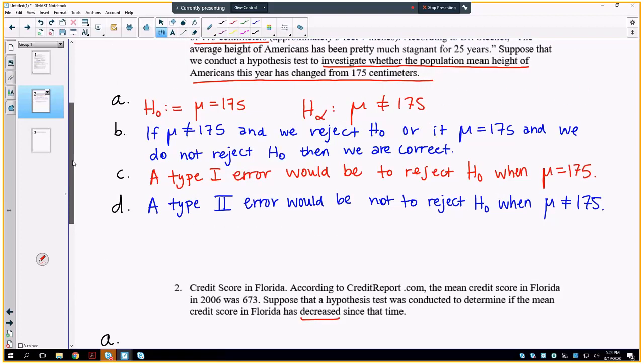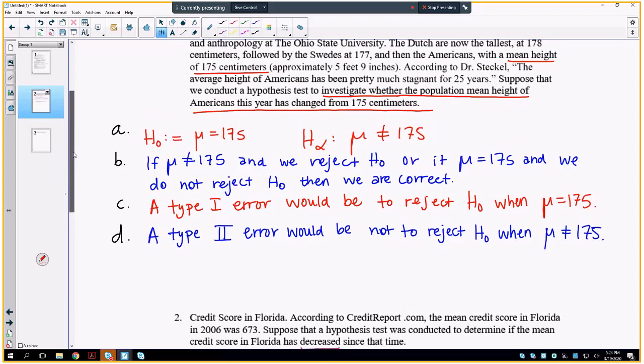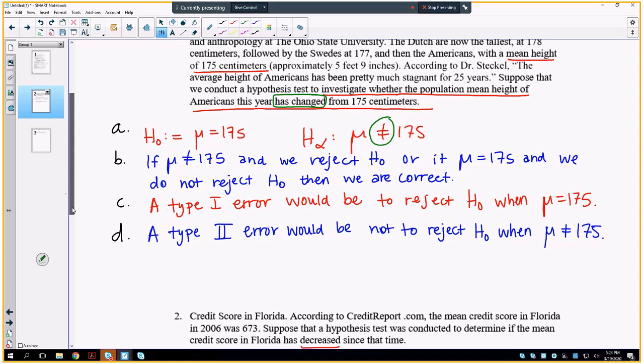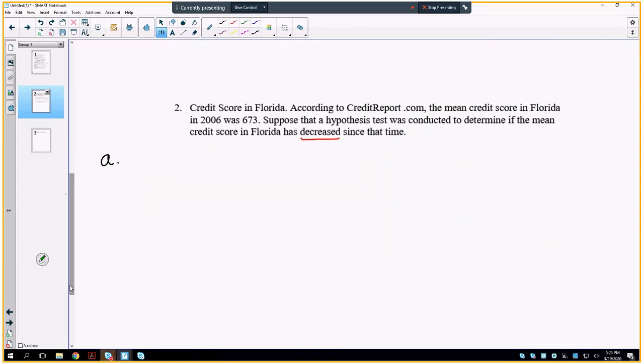If we go back and look at the previous example, it just said has changed. It didn't say it went up or it went down. And so that's why our alternative hypothesis was just not equal. But here we're told decreased, so I think we're probably going to be talking about either a right tail test or a left tail test.